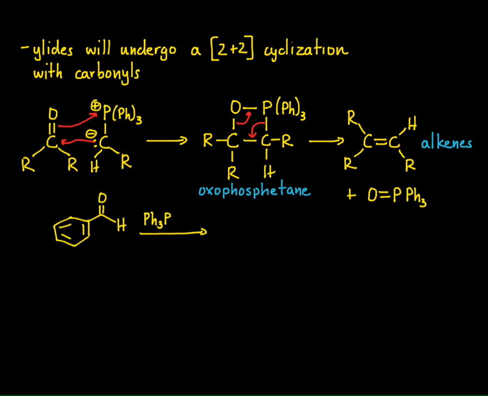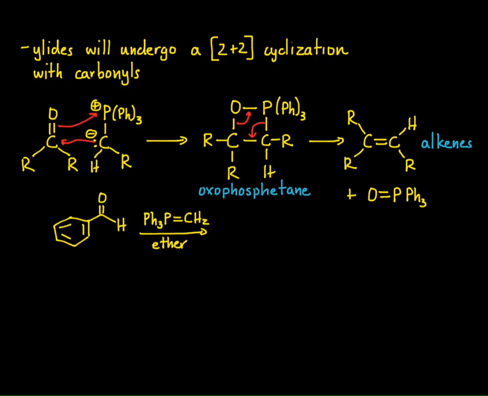A couple of examples I'll show you. Here I take benzaldehyde, treat it with my ylid. So notice I'm showing it with that phosphorus-carbon double bond. And so the key to figuring out what the product is going to be is, in essence, you take that carbon-phosphorus double bond and you're pretty much replacing the carbon-oxygen bond with the double bond of the carbon and whatever group is coming off of that carbon.